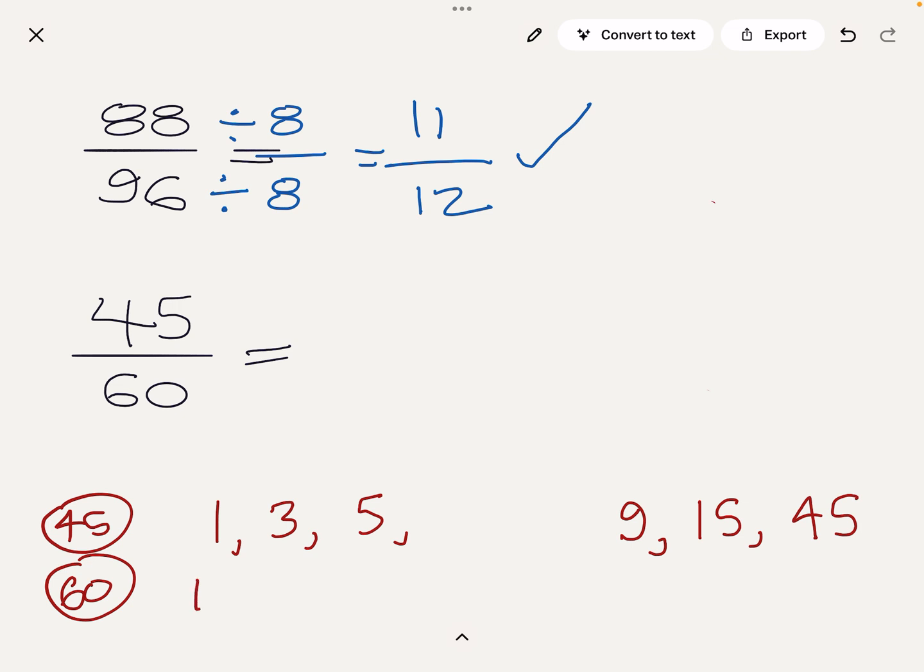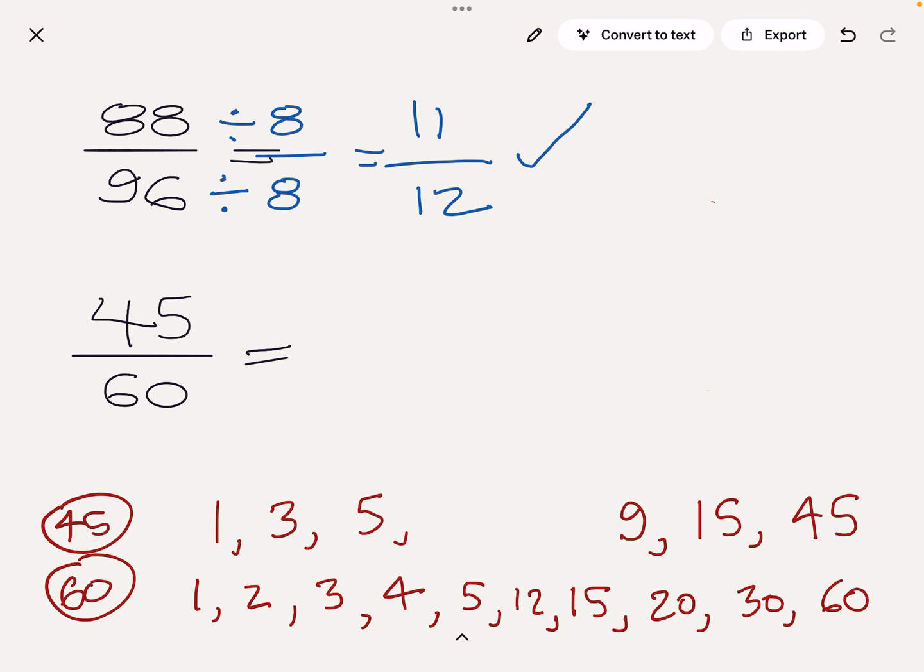Now let's do 60 real quick. 1 and 60, 2 and 30, 3 and 20, 4 and 15, 5 and 12, and 6 and 10. And 7 does not. 8 does not, because it's too close to 64. 9 does not. So we're done.